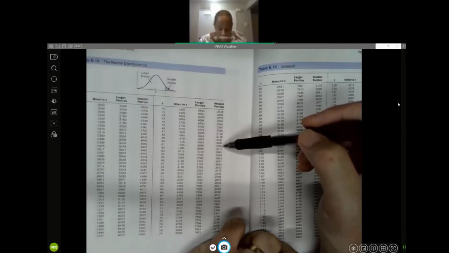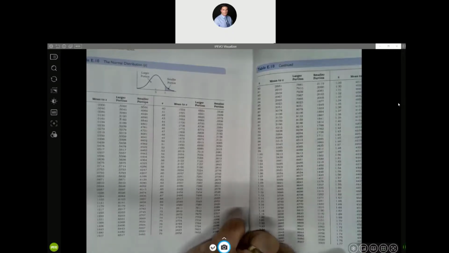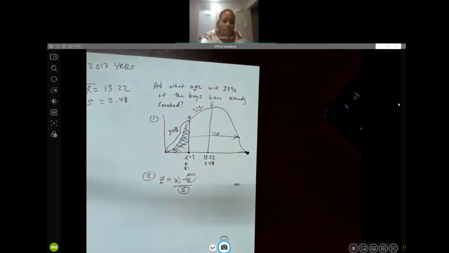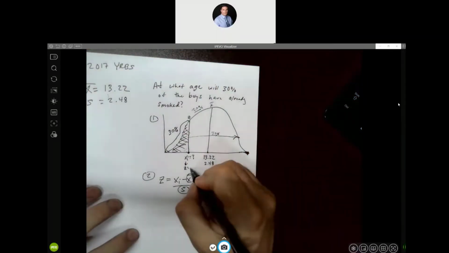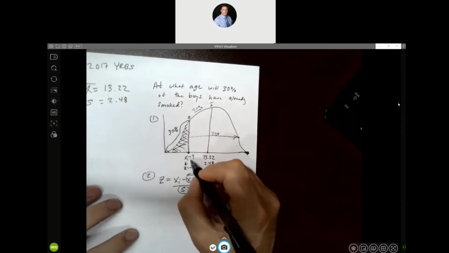It's going to be a negative 0.52. And Elias, why is it going to be a negative 0.52? Because it's below the mean. Right, because it's representing a score that's below the mean, so it's got to be a negative z-score.